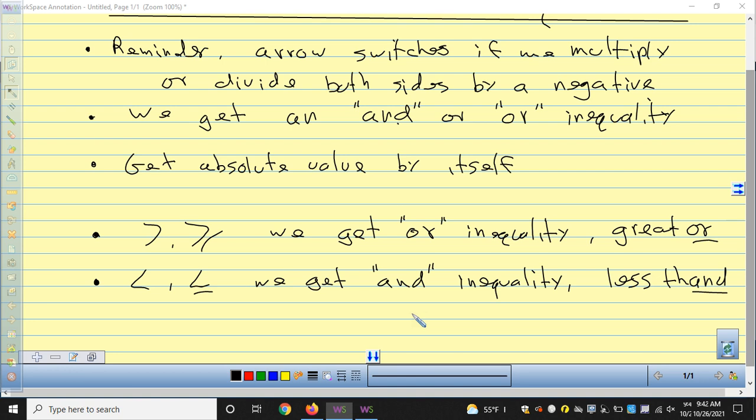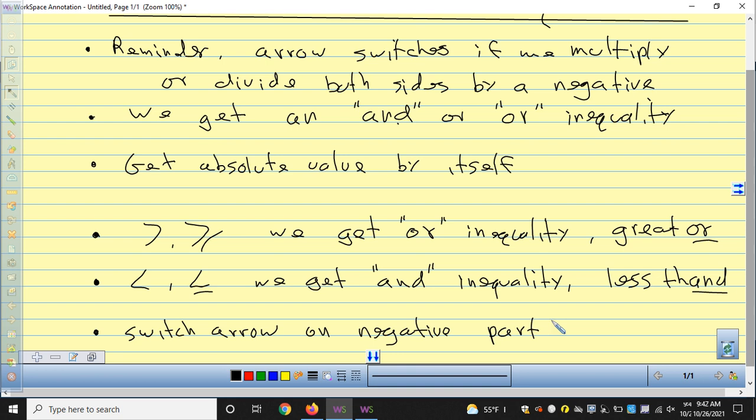And just like with equations, once we get the absolute value by itself, we split it into two. And when we split our inequality into two, we're going to switch the arrow on the negative part. So we split it into two parts, one positive, one negative.